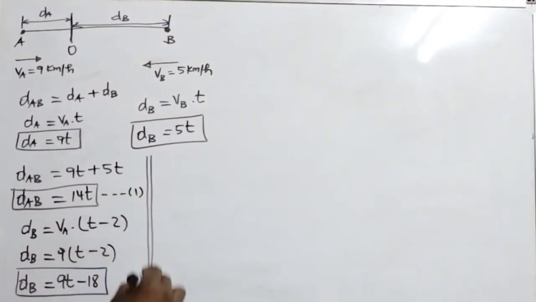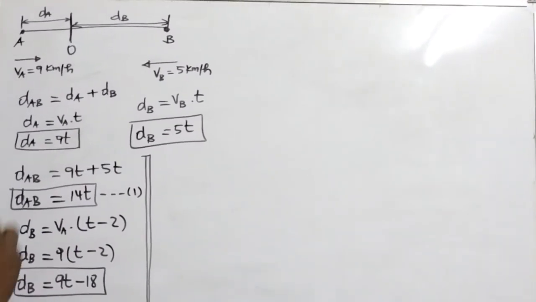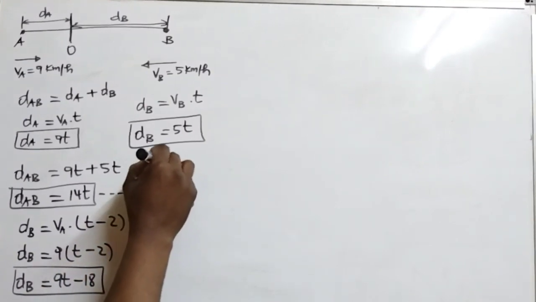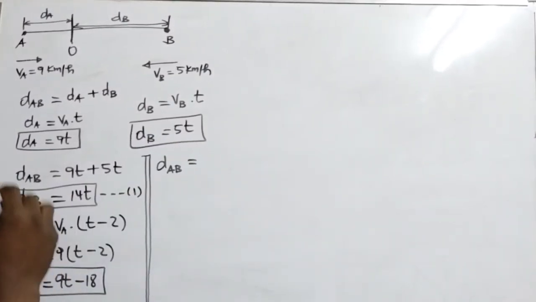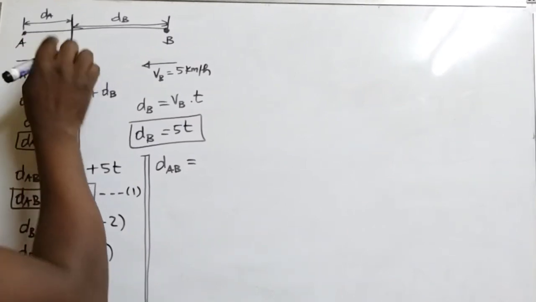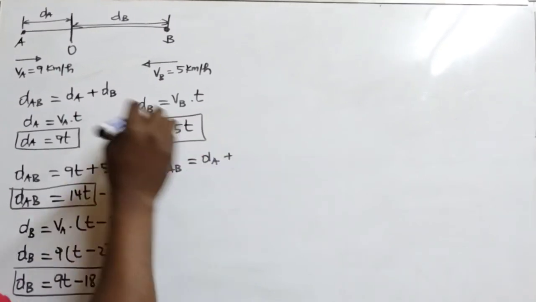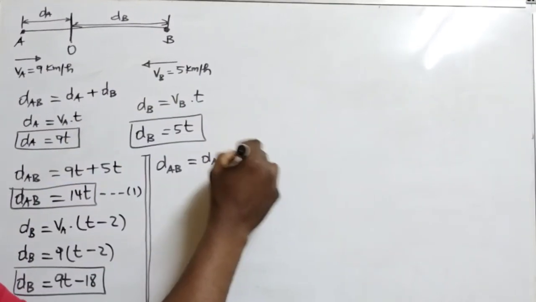Now, ladies and gentlemen, I'm going to write the distance covered by the vehicle from A all the way to B. That distance will be equal to dAB. It will be the distance covered from A to O, which is dA, plus the distance covered from O to B, which is dB.